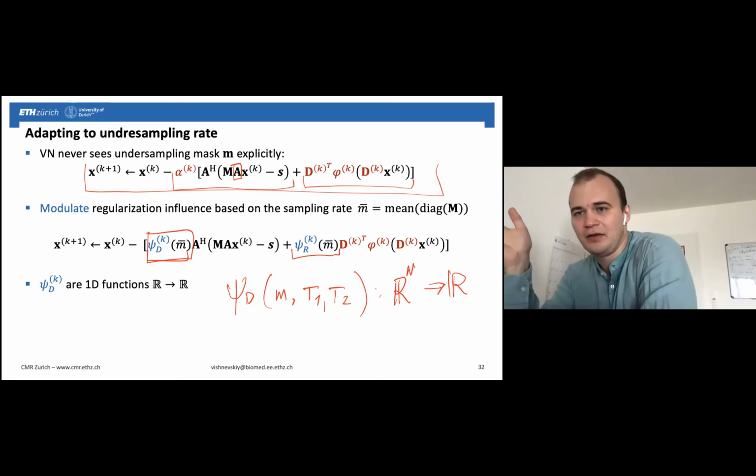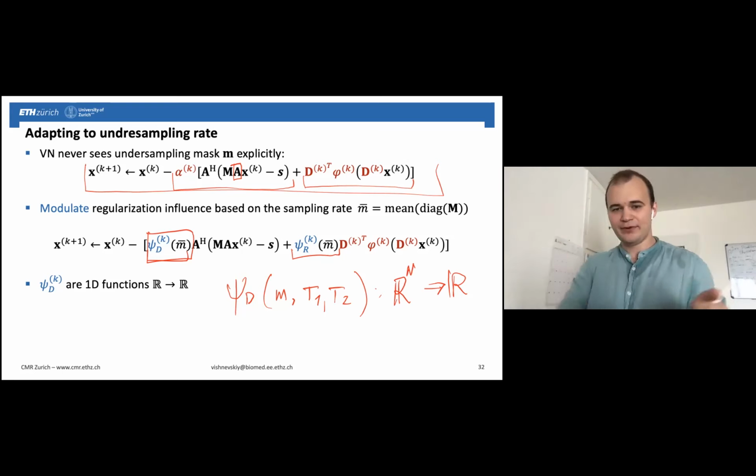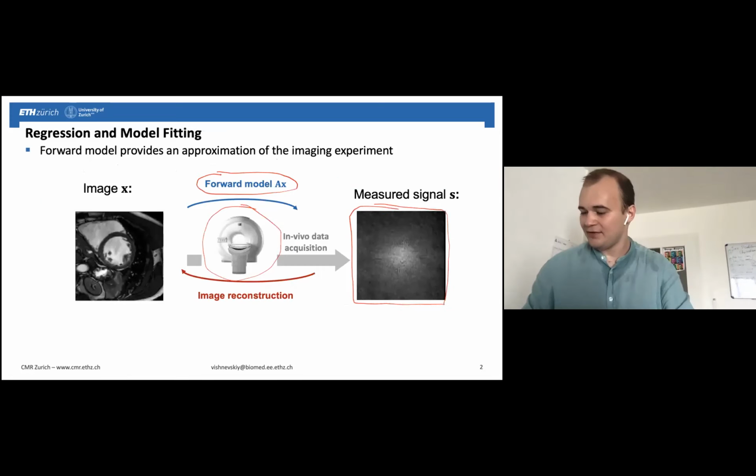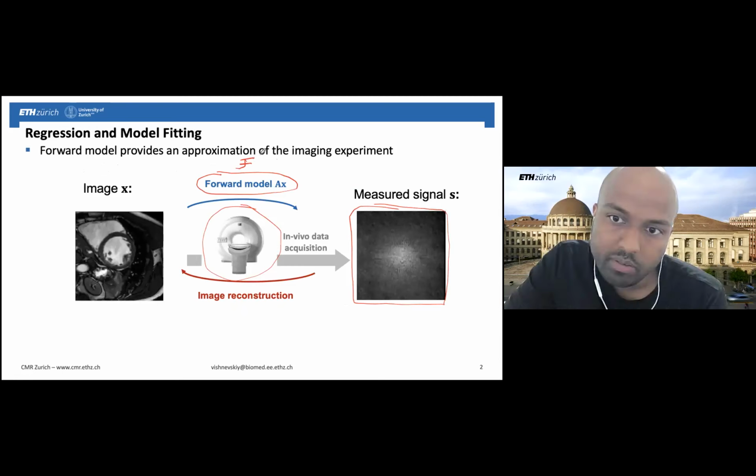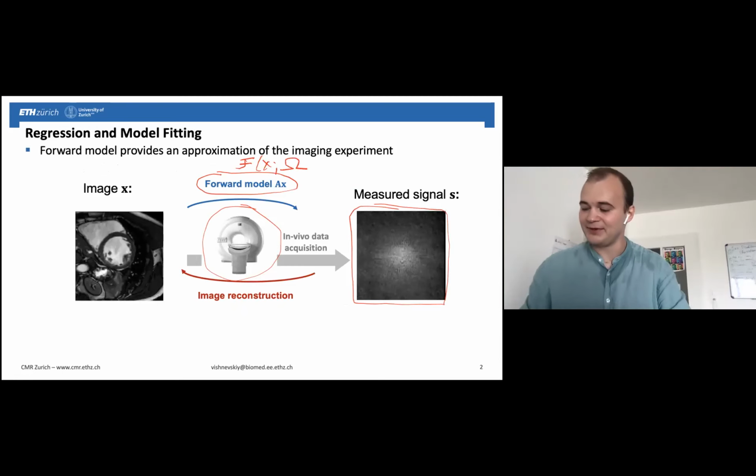So for example, if you consider the problem of acquisition design, you basically will have a model, some forward model f of x, parameterized by some parameters omega.